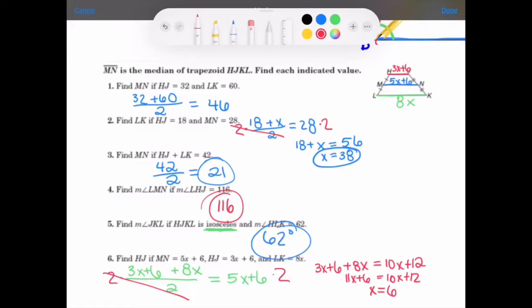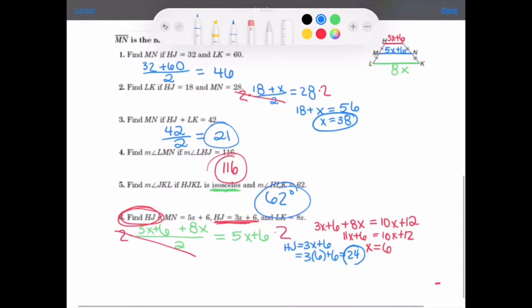Now, the problem said to find HJ, and we know that HJ is 3x plus 6, so all we have to do is plug that in. HJ is equal to 3x plus 6, so 3 times 6 plus 6, and that is 24. Okay, so that's all it is there.